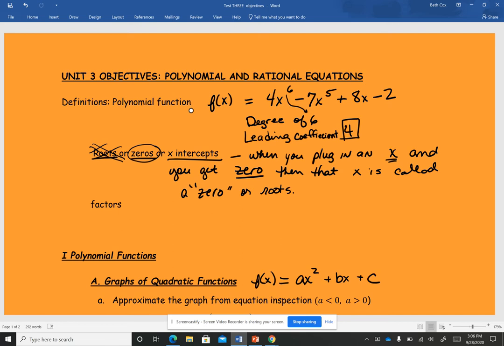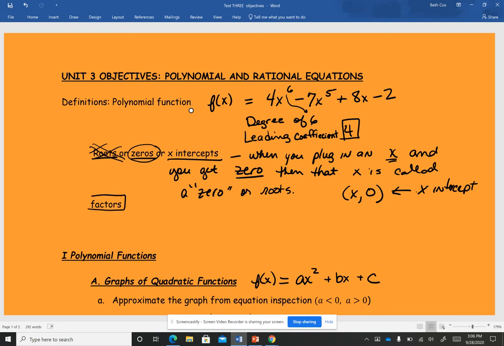Okay, and so an x-intercept is that point, because if you plugged in some number and you get 0, well, that's an x-intercept on the graph. And so these concepts should not be so foreign to you.